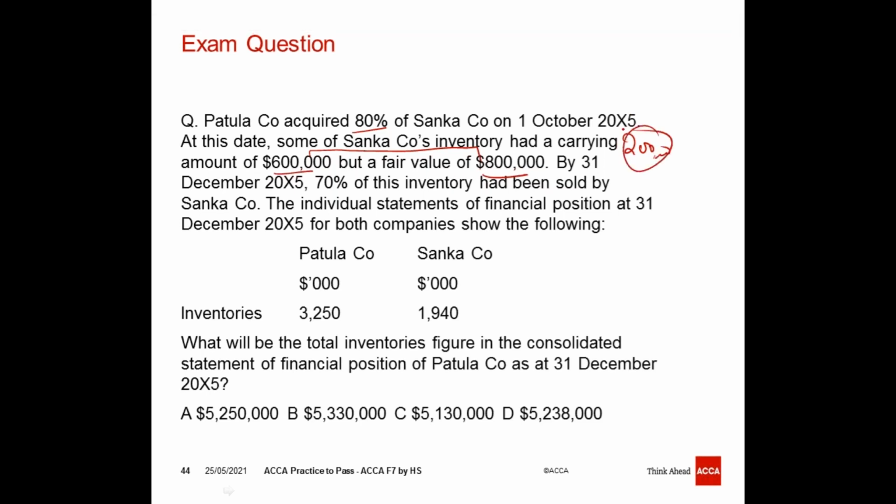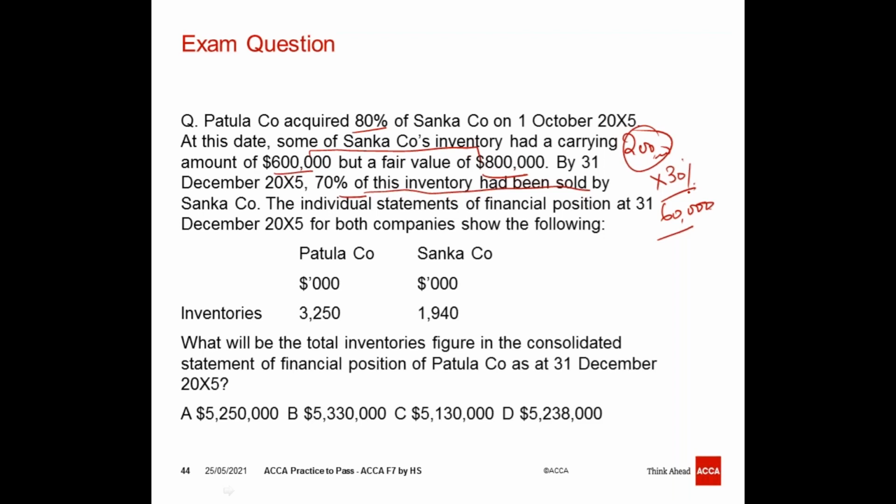But by 31st December 2005, 70% of this stock had been sold. So this stock, which was held by the subsidiary company at the date of acquisition, was sold. So only the 30% was retained in the warehouse. So you can only adjust 30% of the stock.